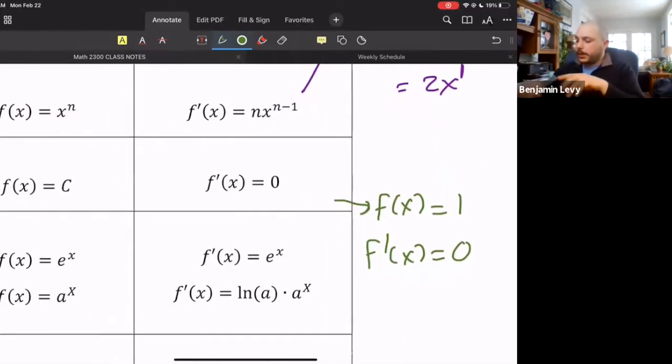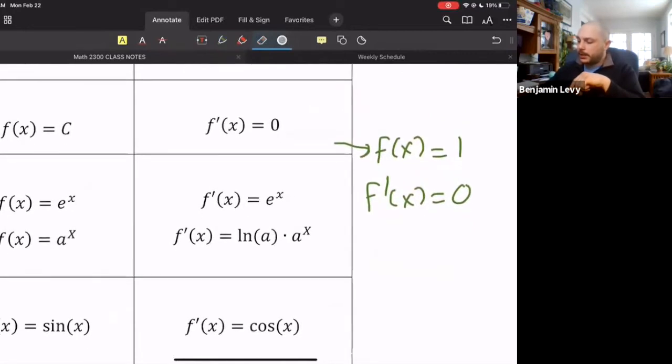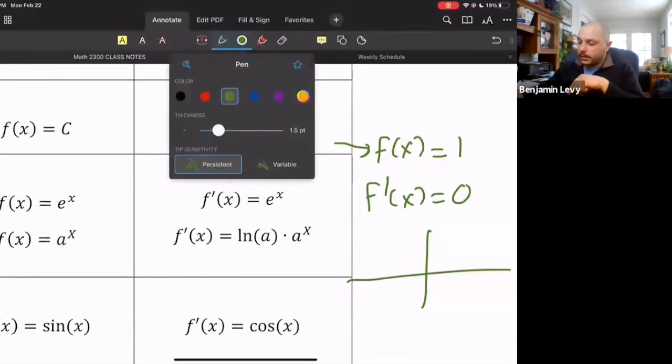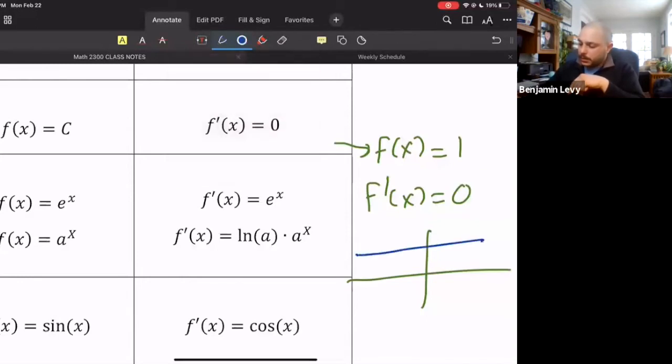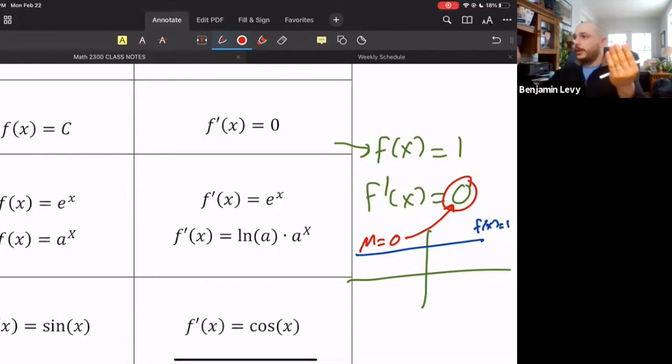That should make sense if we think about this as the slope of the tangent line. A constant function is just a horizontal line. There's the function 1. The slope of that line is 0 everywhere. And so that's what this is telling us. If we have a horizontal line, the slope is 0.